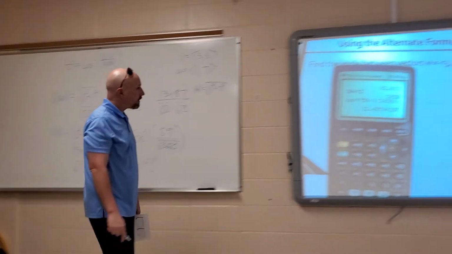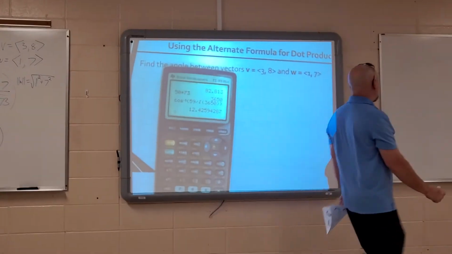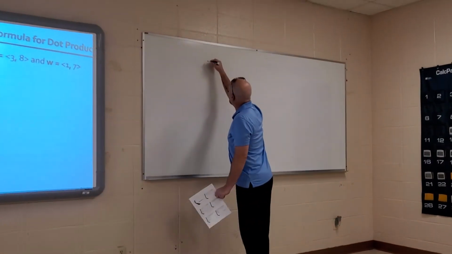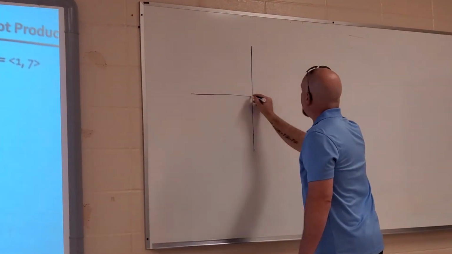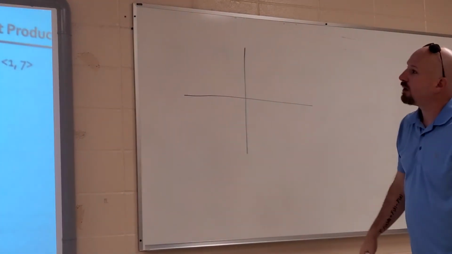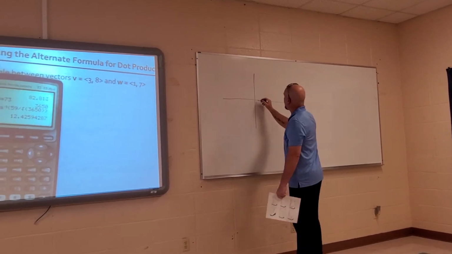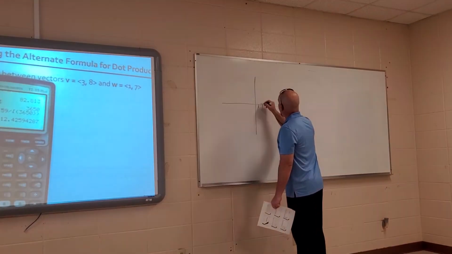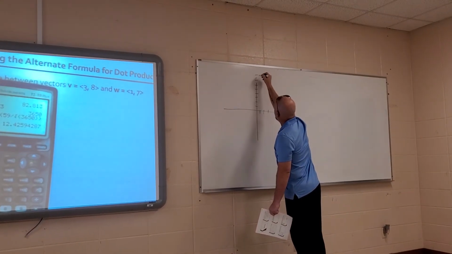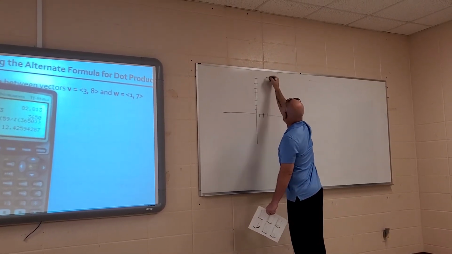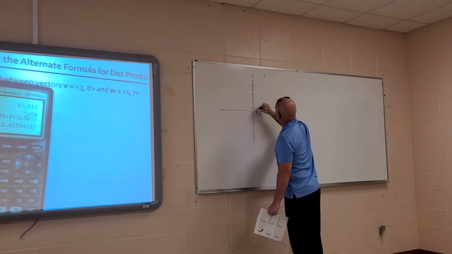All right, so let's look and see if this makes sense. Because remember I say this, make sure your answer makes sense. So let's look at the graph and see these two vectors. Vector V is at 3, 8. So it's up here. So it looks like this.